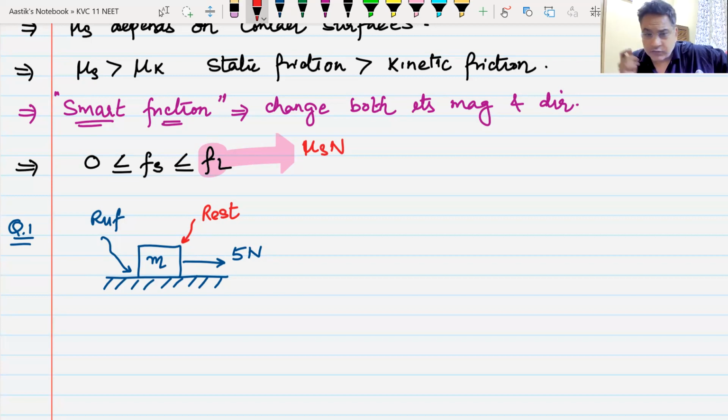Static friction. Great. Static friction is stopping the body from moving.